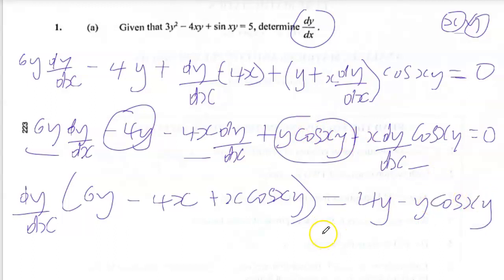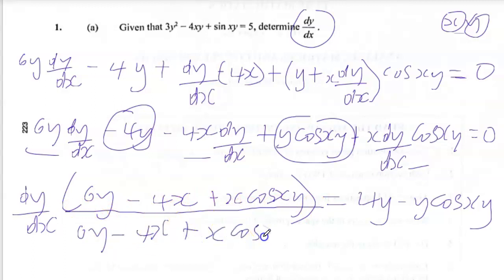To solve for dy by dx, we simply divide both sides by the bracket: 6y minus 4x plus x cos xy. Divide the right hand side by the same thing, 6y minus 4x plus x cos xy.